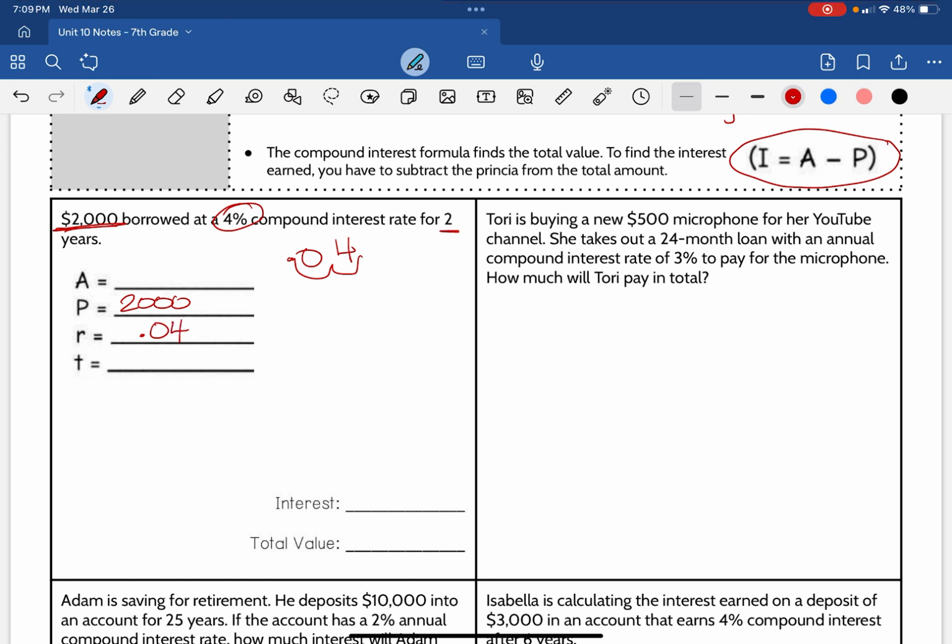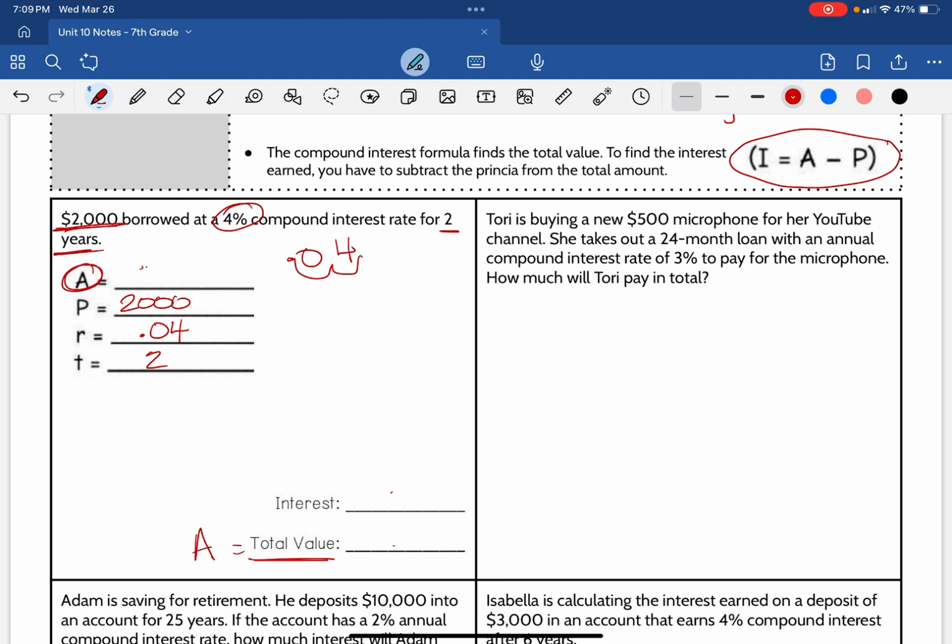And then the compound interest rate is 2 years, so this is 2. They want to know what your interest is and what your total is. This is my A value.